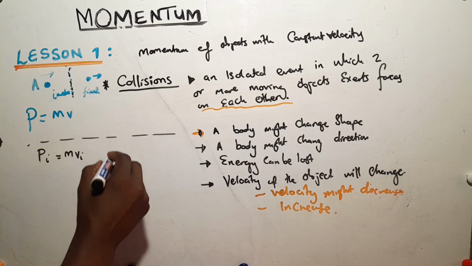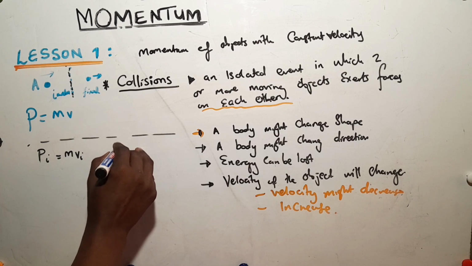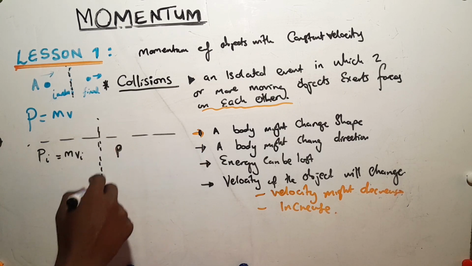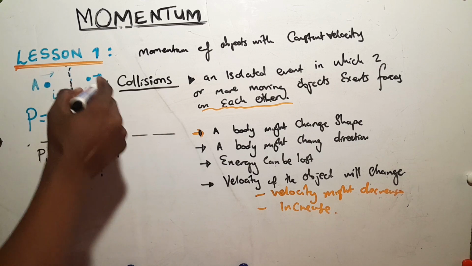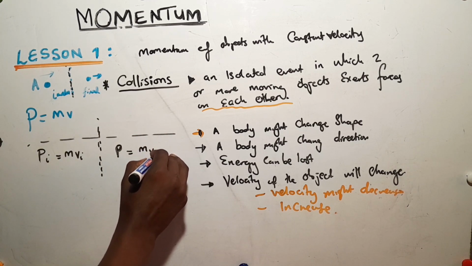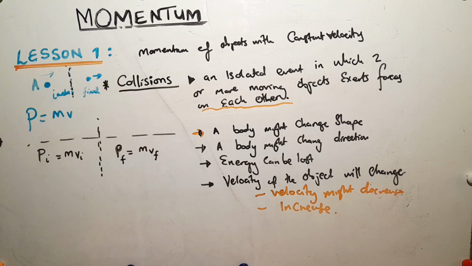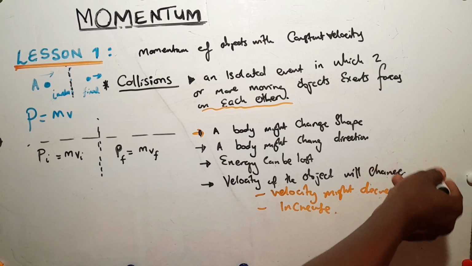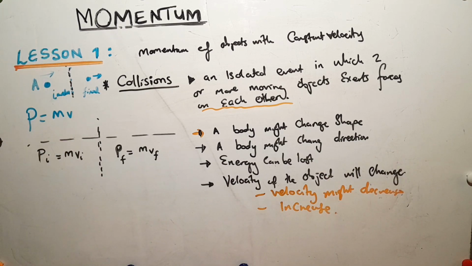This object, after the collision, will have momentum again. It will still have momentum, but it will be different, because the final velocity is different from the initial. Like we said, the velocity of the object will change, and now we are accounting for that change.